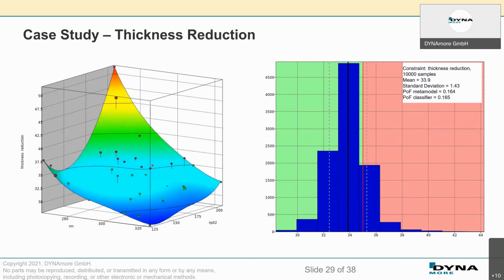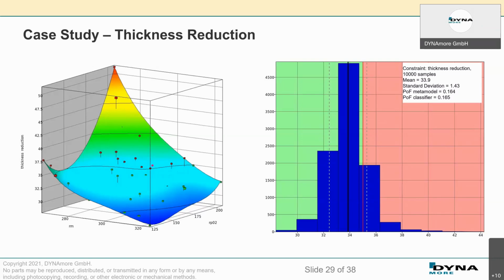One question could be, why is the probability of failure for metamodel and classifier that similar? If you think back on the slide we looked at before, we got similar results for the metamodel and for the classifier. The adaptive sampling, which definitely improves the classifier approximation in this case, also improves the quality of the metamodel in the vicinity of the constraint boundary.